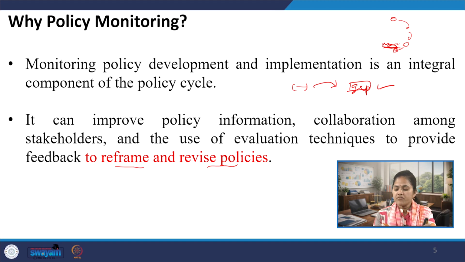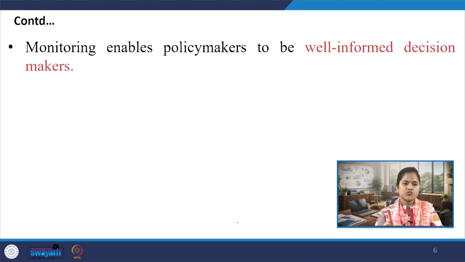So we can find out the deviation, and if there is a deviation, we can find out the causes of this deviation and its consequences. If required, through feedback we can reframe and revise the existing policy. That is the reason policy monitoring is very essential in the policy cycle.